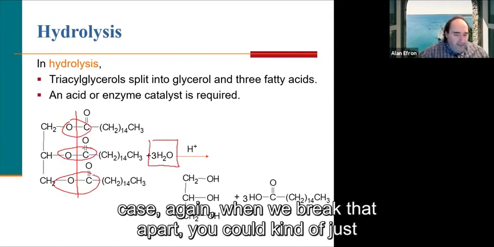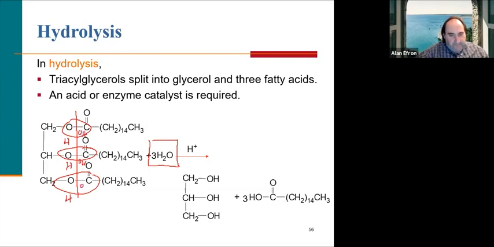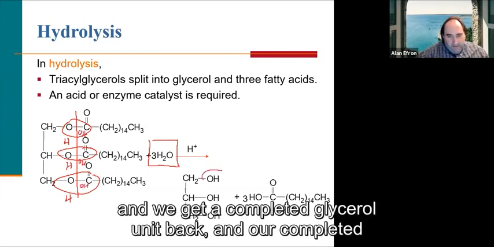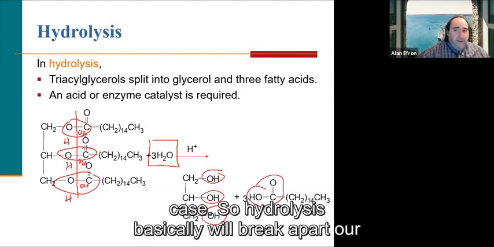When we break that apart, you could just assume an H goes on this side, an OH goes on the other side, and we get a completed glycerol unit back and our completed carboxylic acid group back, all 3 of them in this particular case.